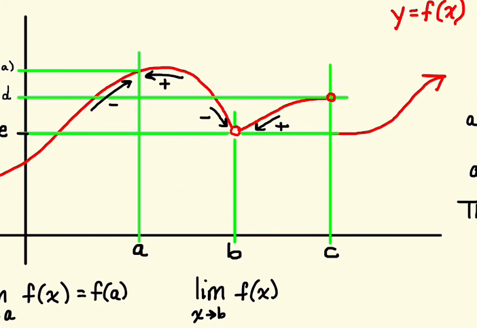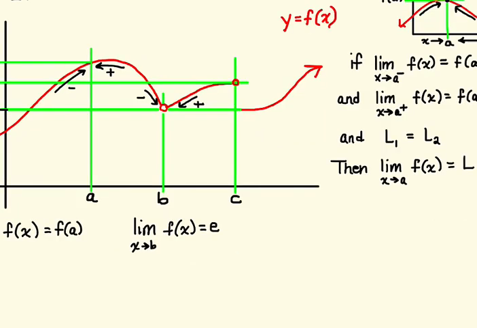And since as x approaches b from the left, the limit is e, and as x approaches b from the right, the limit is e, they are equal to the same thing, so the limit as x approaches b exists, and it's e. Now, notice the difference here is that in the first limit as x approaches a, the function actually exists there. But in the second limit, as x approaches b, the function actually doesn't exist there, but the limit does.